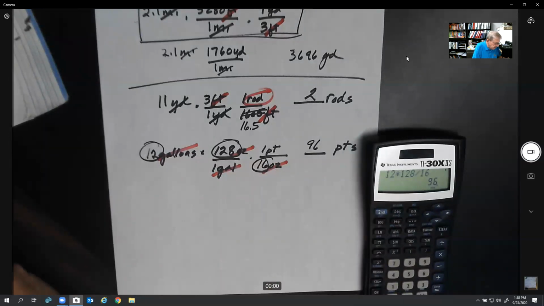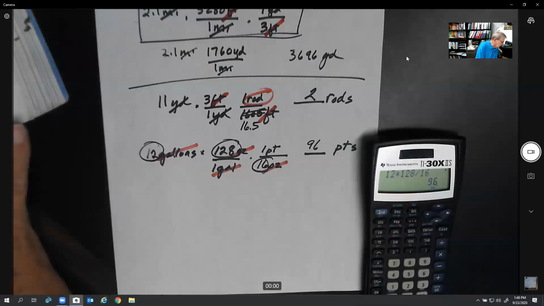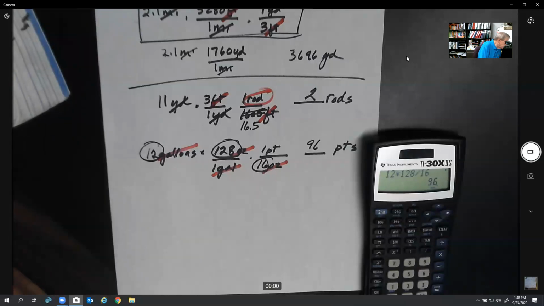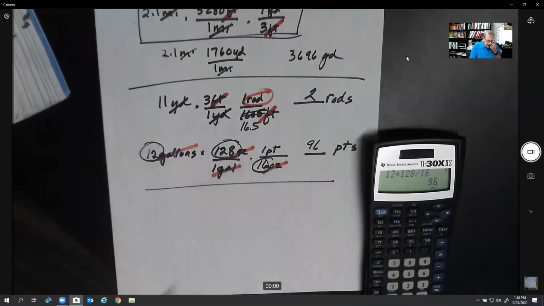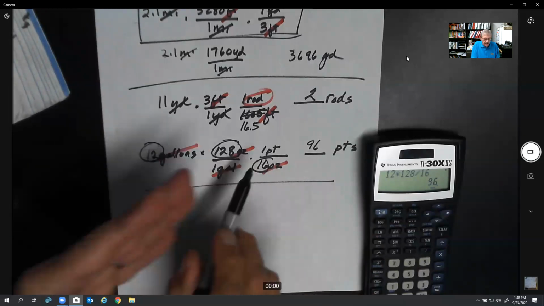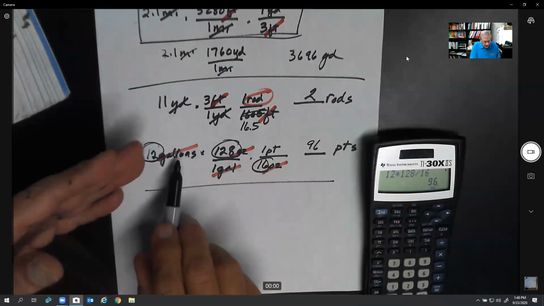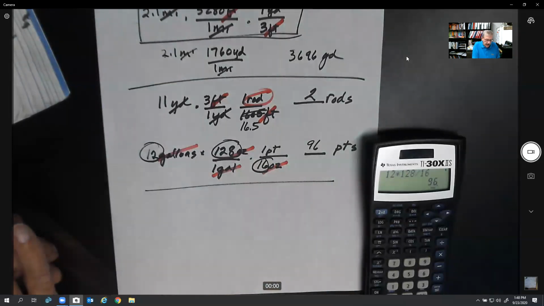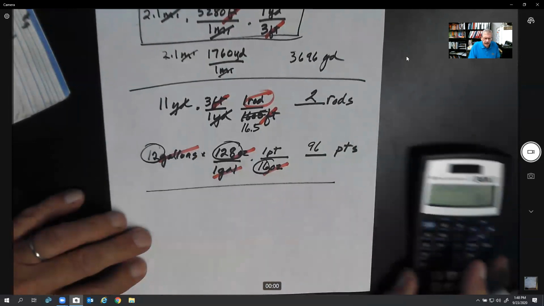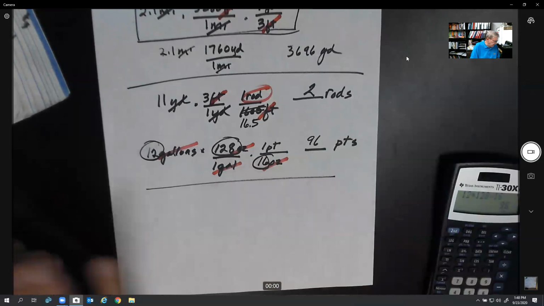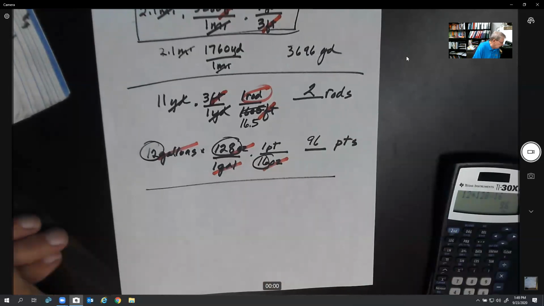We can take a look at page 284. 96 pints. See, by doing this method, because sometimes we don't have a direct conversion, we know gallon is big and pint is small, so we have to multiply, but we also have to do some division here too. So it's much easier to do it this way. I mean, you can do it other ways, but I would think this one would be the easiest.